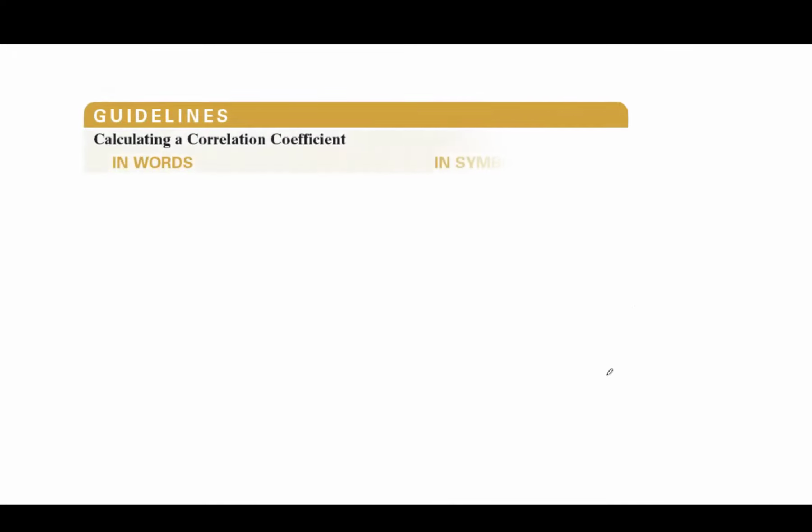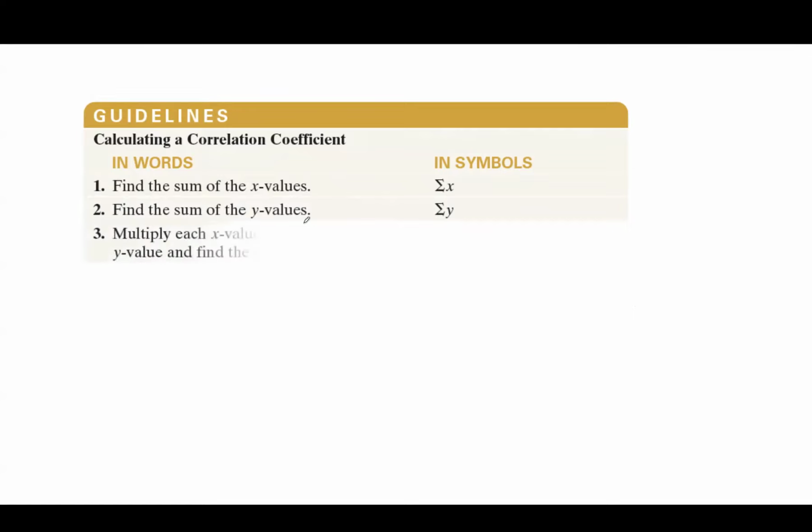In the interview, if they ask you to write down code for the correlation coefficient formula, you need to know the steps. First, find the sum of x values, the summation of x. Then find the sum of all y values, the summation of y. Multiply each x by its corresponding y value and find the sum, the summation of x times y.